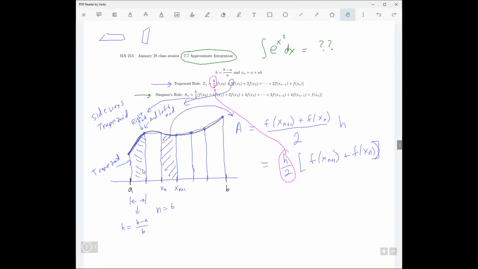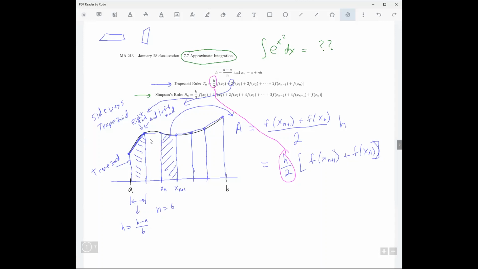So replace this segment from here to here with a line, and find the integral of this line, which will be the area under the line.